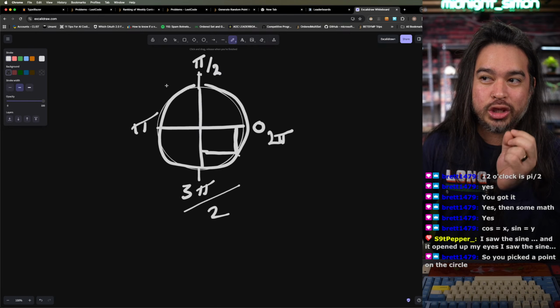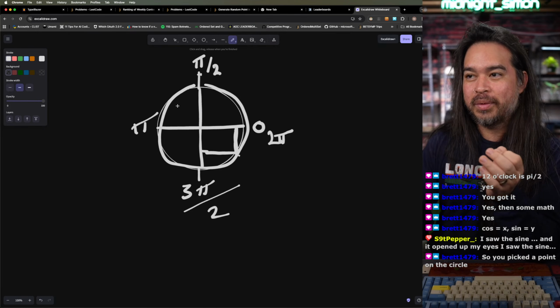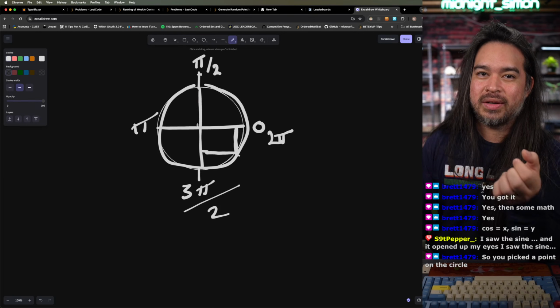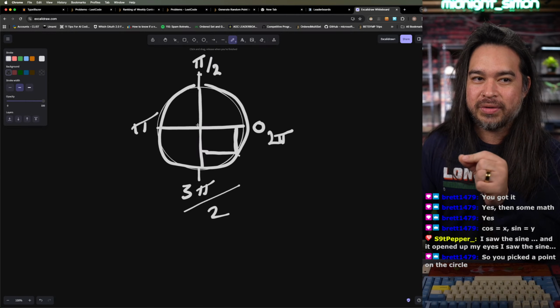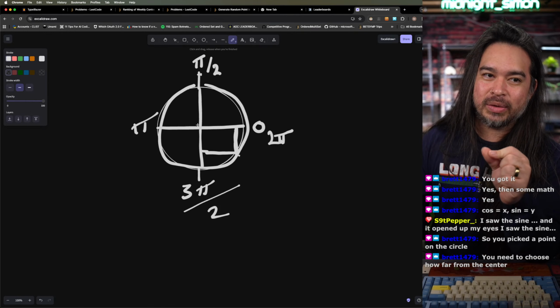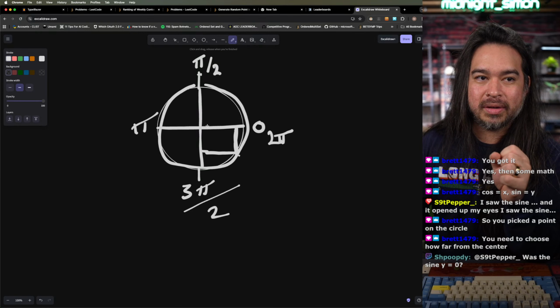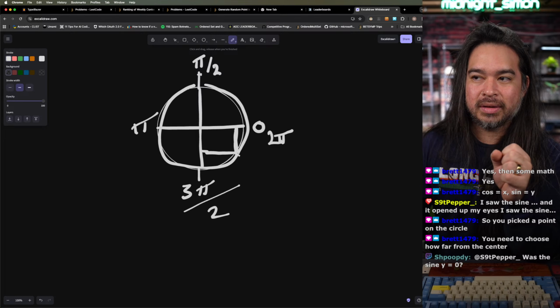So this is the trigonometry way to solve it, which is what my mind was going towards. But you're saying there's another way that doesn't involve trigonometry, that is only math. Wait, so you pick the points on the circle. You need to choose how far from the center.